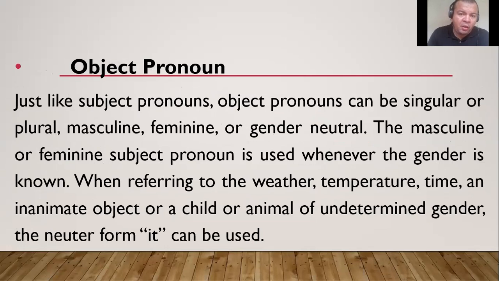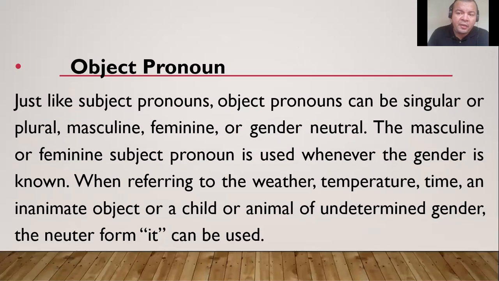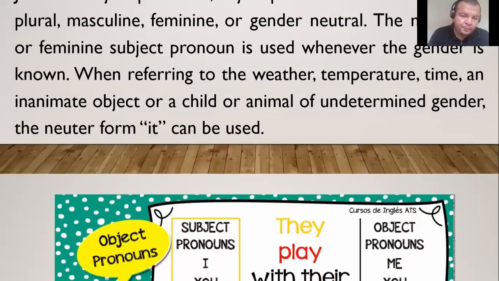Just like subject pronouns, object pronouns can be singular or plural, masculine or feminine, or even gender neutral. The masculine or feminine pronoun is used whenever the gender is known. When referring to the weather, temperature, time, an inanimate object, or a child or animal of undetermined gender, the neuter form it can be used.